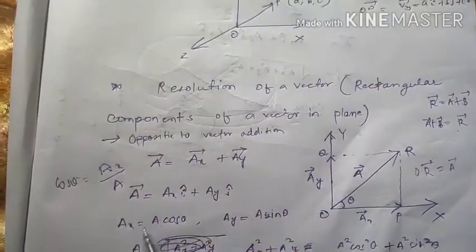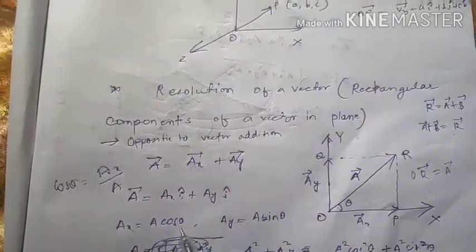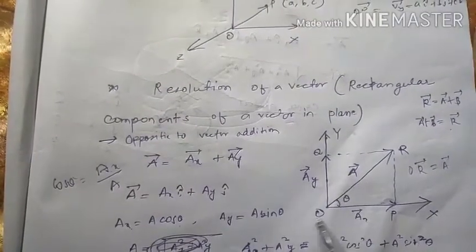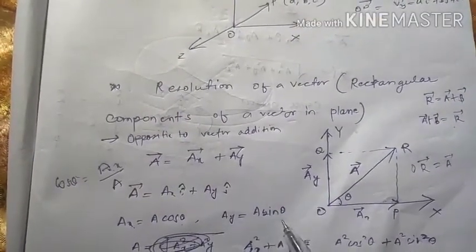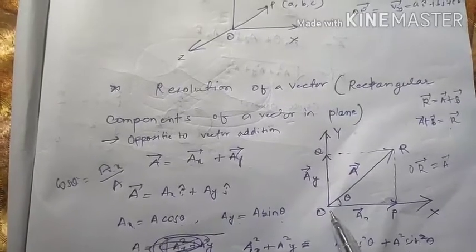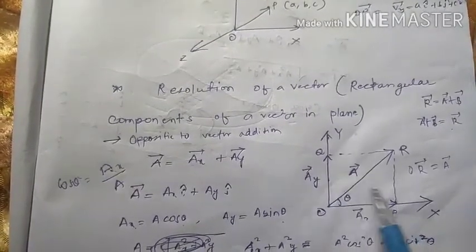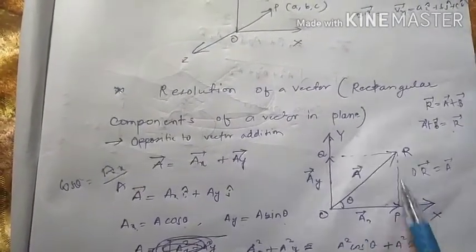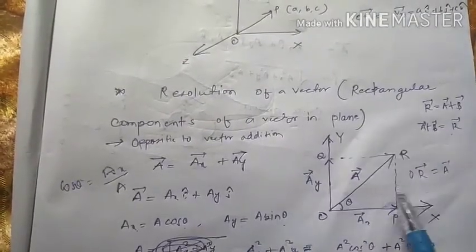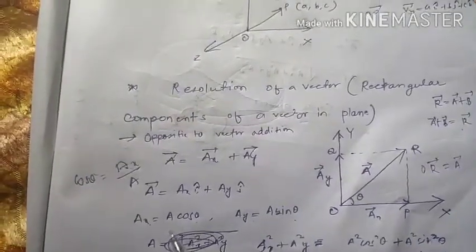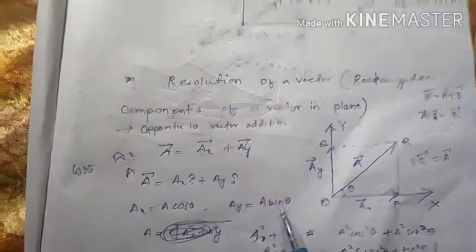Therefore ax equals a cos theta. Similarly, sin theta equals perpendicular by hypotenuse, and the perpendicular is ay. Therefore ay equals a sin theta. So we got ax equal to a cos theta and ay equal to a sin theta.